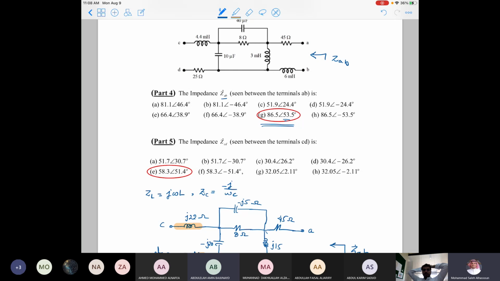Yes, so no current is flowing. So their contribution to the circuit is negligible. They're not contributing to the circuit. Oh, okay. So any element with zero current does not contribute to the circuit. Good. So now if we want to find the impedance between C and D, in this case we need to ignore the 45 and 6 millihenry. Because again, they are in series with open circuit, so no current is flowing through them.